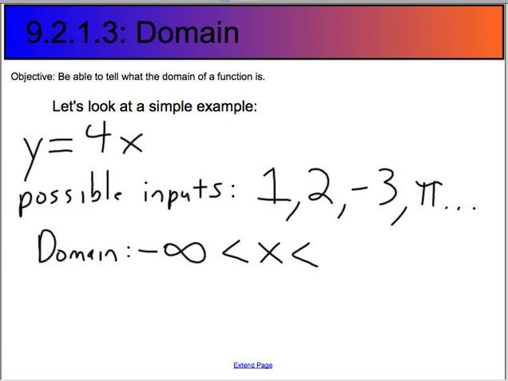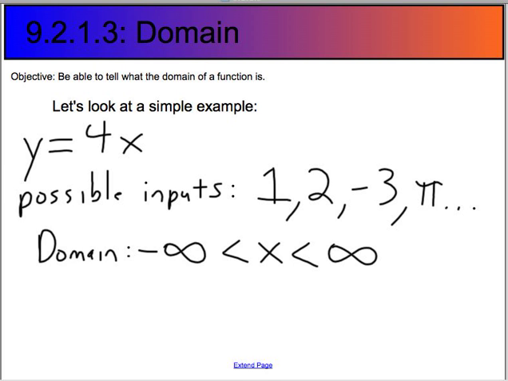And then I think, okay, well, what's the biggest thing I can put in for x? Well, the biggest thing I have on my list is 2, but 3 works, pi works, 4 works, 1,000 works, 1,000,000 works. So there's no upper limit, so it goes up forever. So you put an infinity symbol there. There is no upper limit.